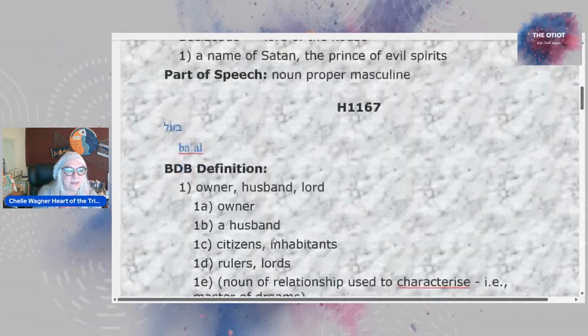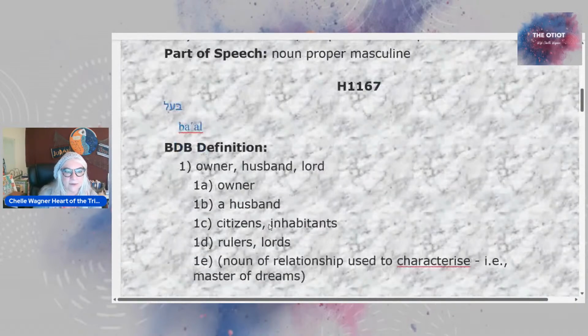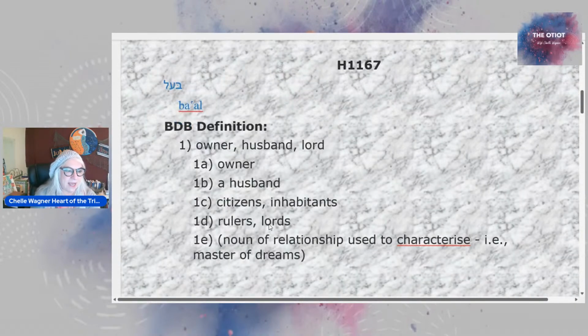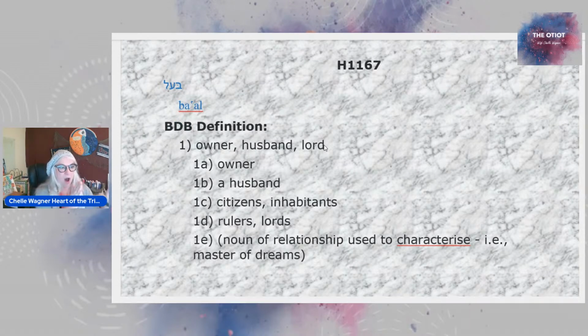So it gives me just Baal, right? That was all it was going to give me as the equivalent. So what is the definition of Baal? It is H1167. The owner, the husband, the Lord, owner, husband, citizens, inhabitants, rulers, lords, a noun of relationship used to characterize, i.e., a master of dreams.